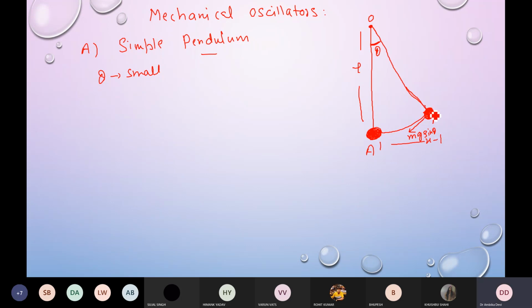Similarly, you can resolve it in the horizontal direction, this one. Since it is making an angle of theta with this, this component will be mg cos theta.